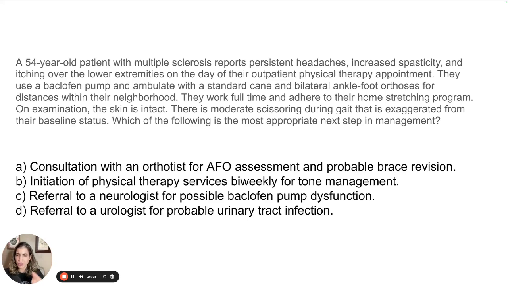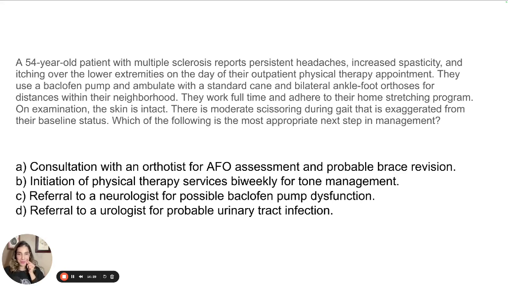Referral to a neurologist for possible baclofen pump dysfunction. Okay, this can be an option. Referral to a urologist for probable, oh God, did I say that right? Urinary tract infection. Okay, so we have two answer choices that could be.